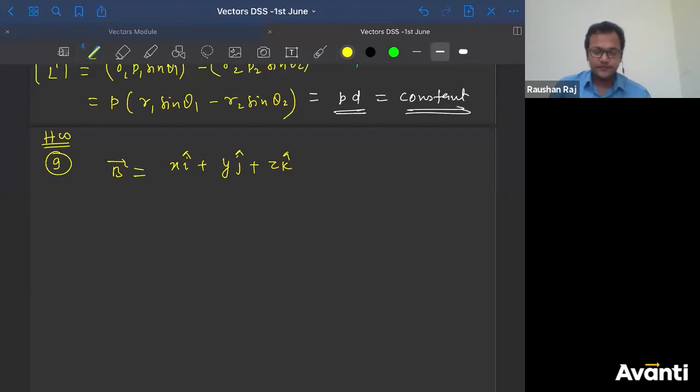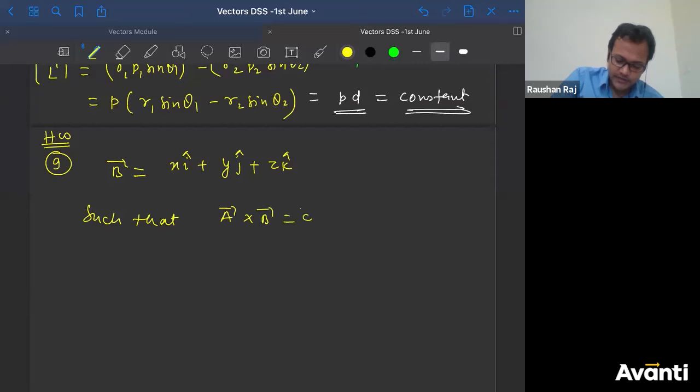I have assumed this. So what have we been asked? We have to find this vector B such that A cross B must be C and A dot B must be 3.